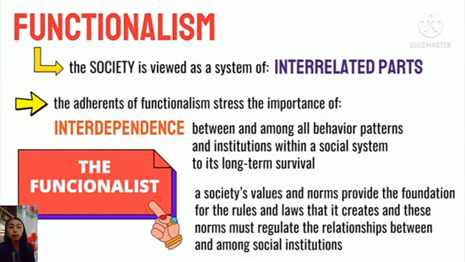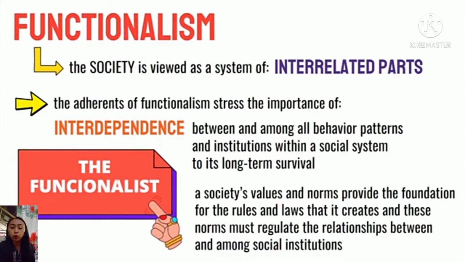In functionalism, the society is viewed as a system of interrelated parts. The adherents of functionalism stress the importance of interdependence between and among all behavior patterns and institutions within a social system to its long-term survival.